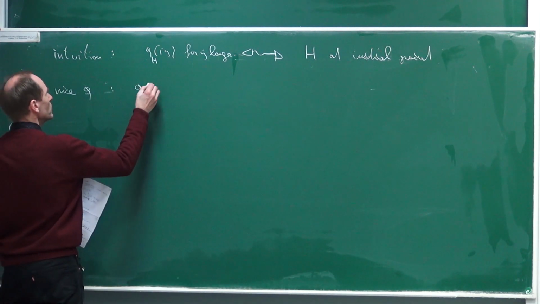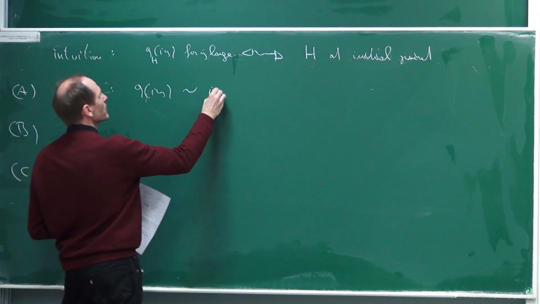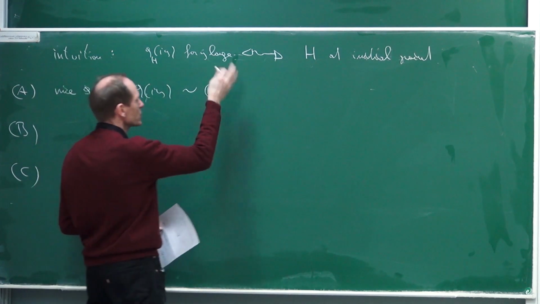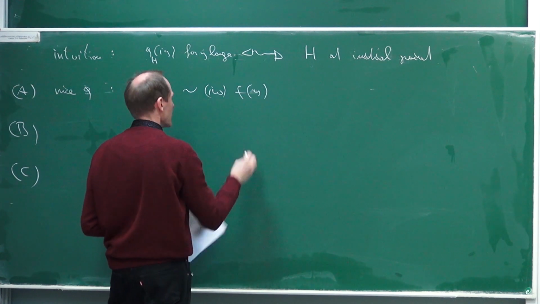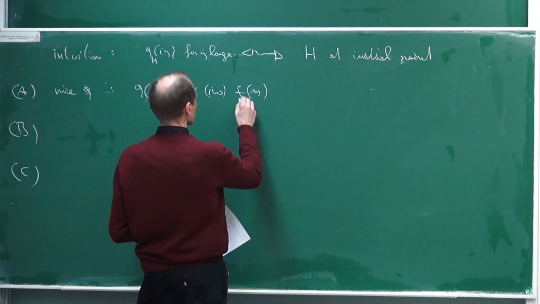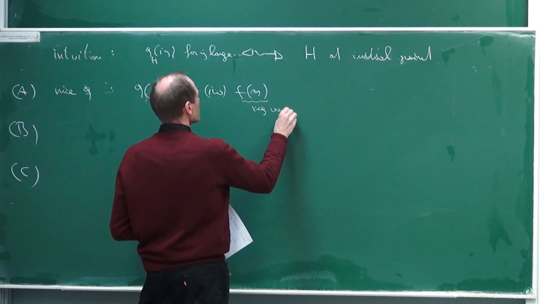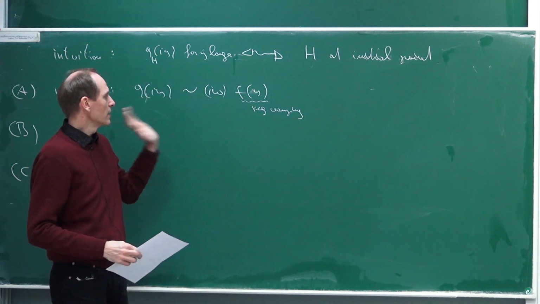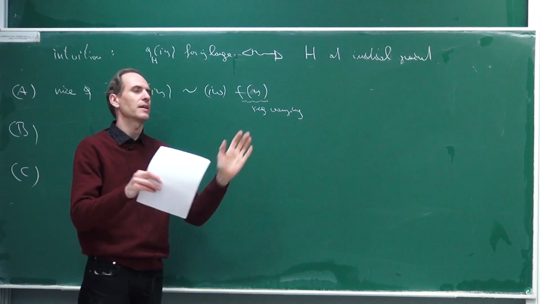So Q of Iy should asymptotically be some constant, which for practical reasons I write as I omega, times some function f of y, and that function should be regularly varying in the sense of Karamata, which means that it's nearly a power. It is something which you can handle nicely.